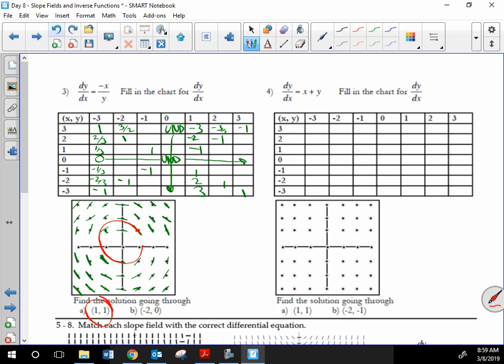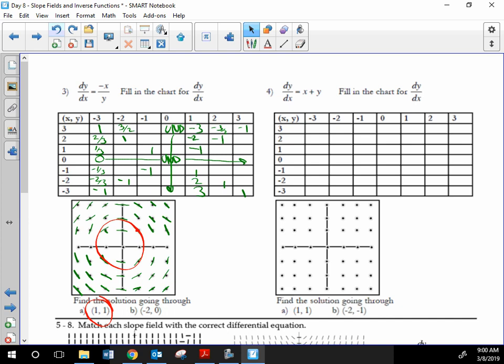I gotta redo that, I'm sorry. It's a little better. For the most part, it's gonna follow a pattern, right? It should follow a pattern because our parent function is just getting repeated through vertical translations.